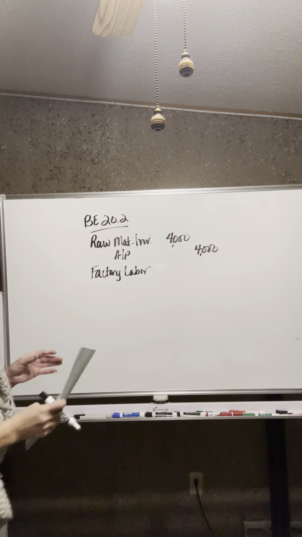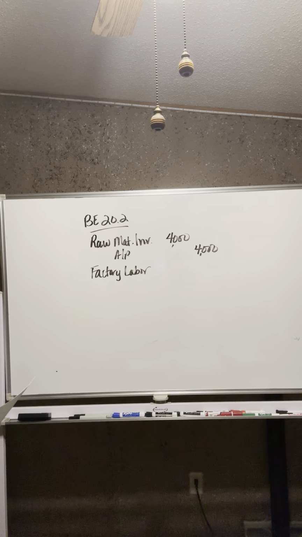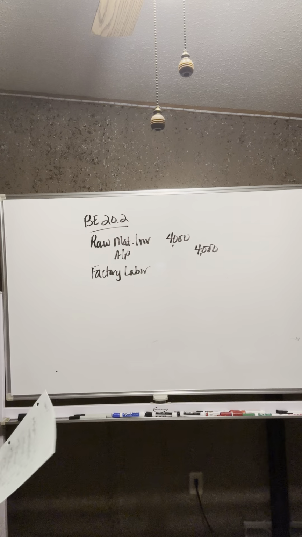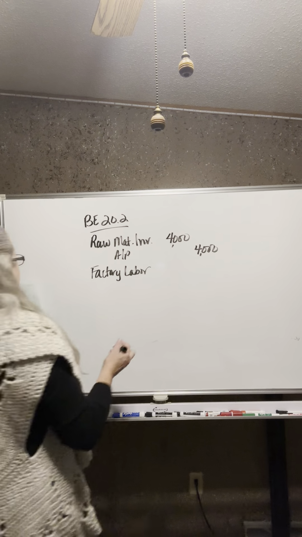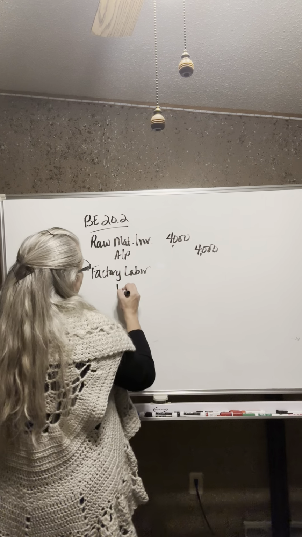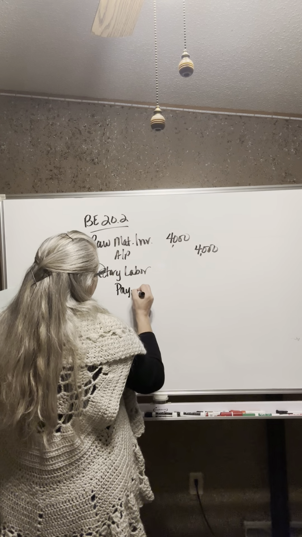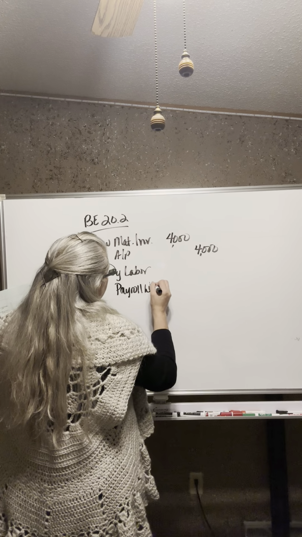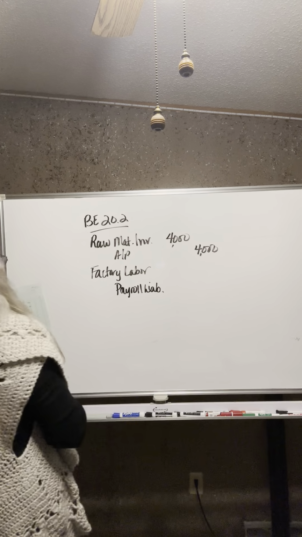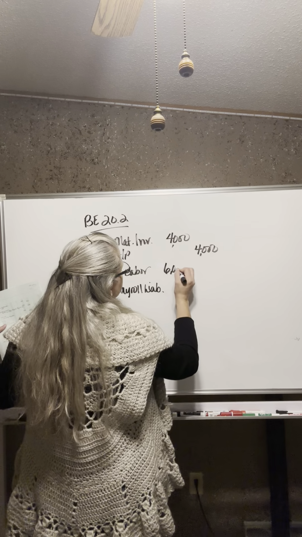Now in your book in the exercise, it credited payroll liabilities. You can do that, or you can credit factory wages payable. Either one will get you correct points for right now. So we'll go with what the book said, payroll liabilities. And that is for $6,000.